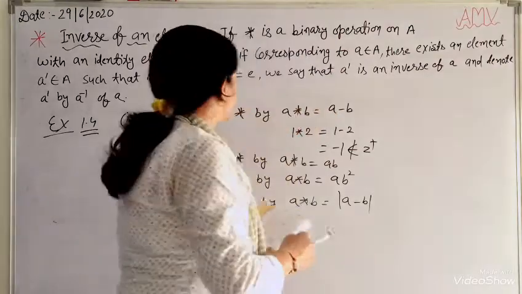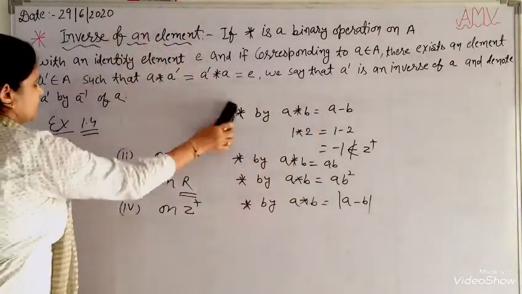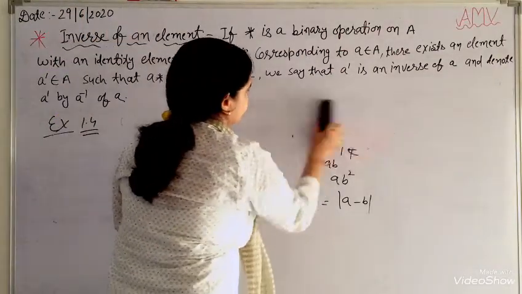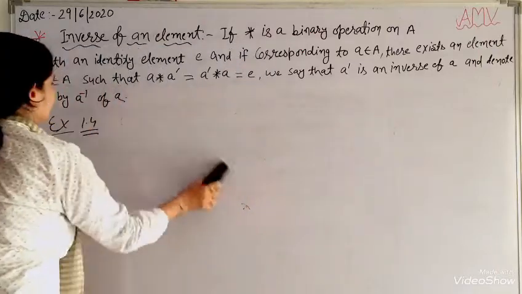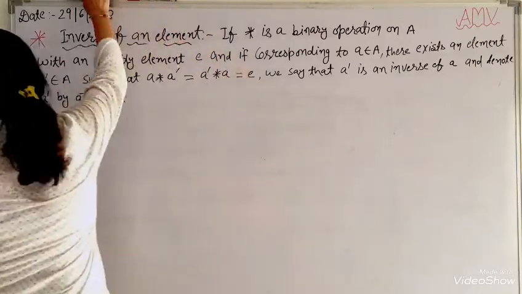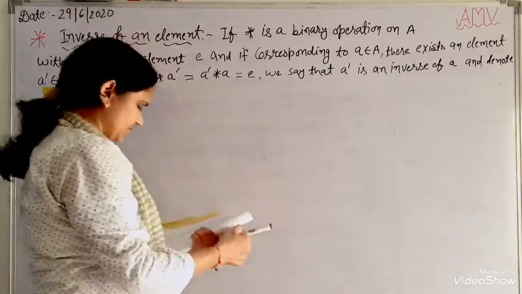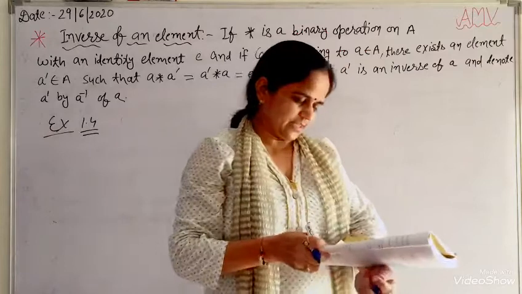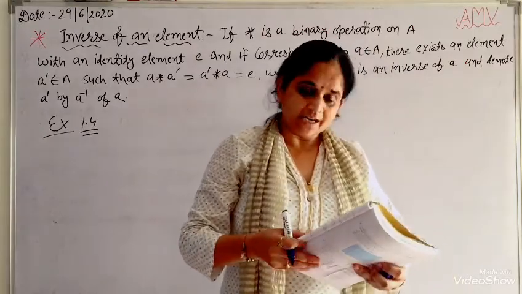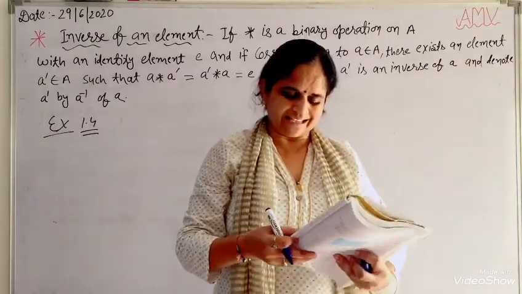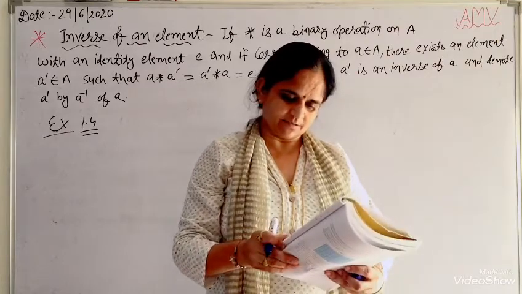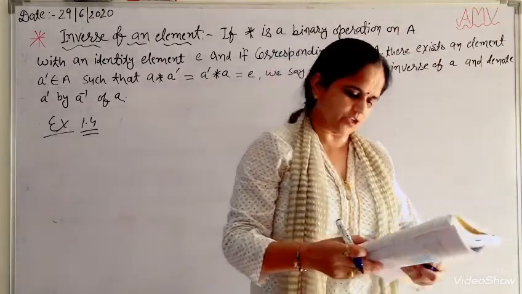Second question of the same exercise. For each operation star defined below, determine whether star is binary, commutative or associative.